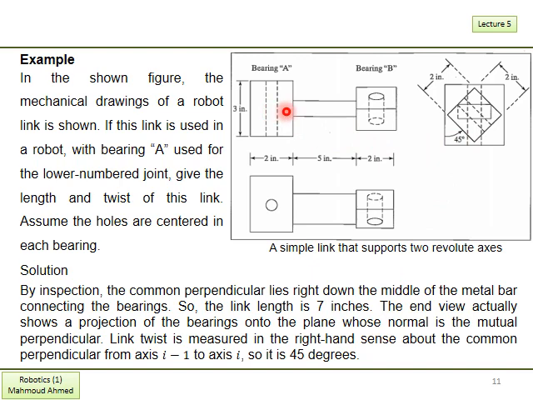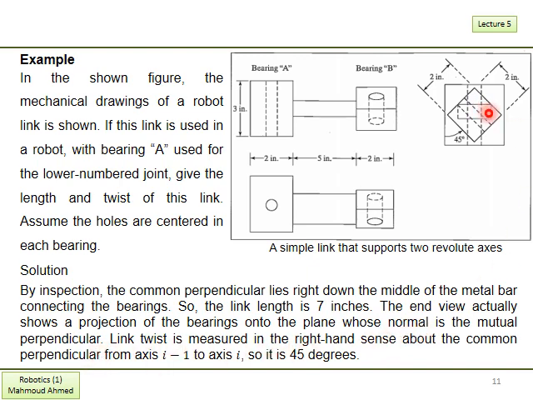The mutual perpendicular is simply this line which passes right down the middle of the metal bar, and we simply draw the extension of one of the links of the joints, and we measure the link twist by the previous method, by having the line parallel to the line in order to form the plane whose normal is the mutual perpendicular.